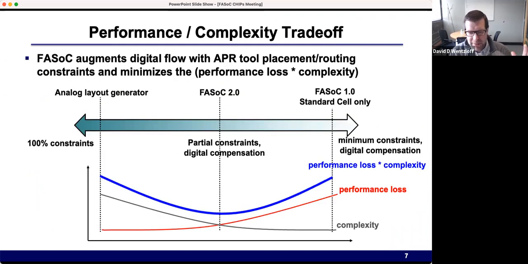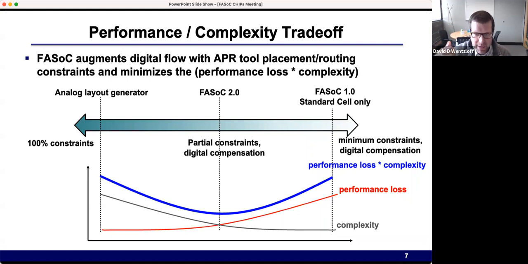All right, so I kind of think of this as a pendulum swinging. We started on the left, which is your custom layout generation, without automation. And we moved all the way to the right, which I'm calling FASoC 1.0, which is, all right, only standard cells. You can't customize placement. You can't customize anything in the APR tool.